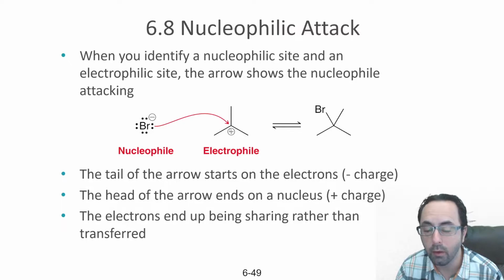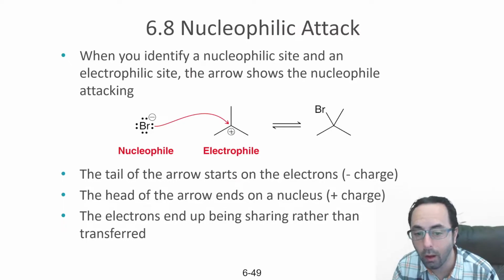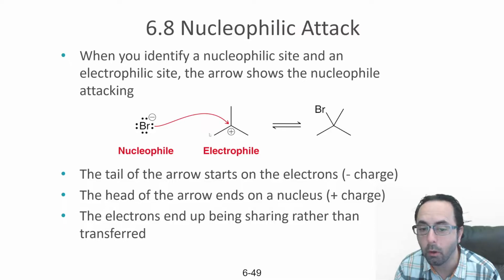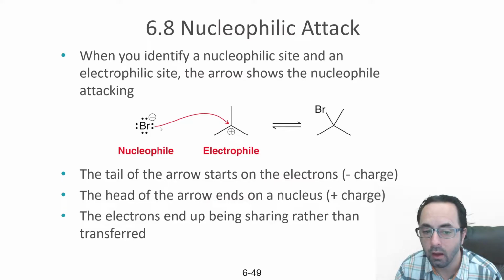And here on the right we have an electrophile. We can tell because it is a carbocation, so it is positive. Not all nucleophiles are negative and not all electrophiles are positive, but they're at least partially so. But this is a full negative and a full positive. So now with these two electrons, we put the tail of the arrow starting at the electrons. You have to start at the electrons for this nucleophilic attack.